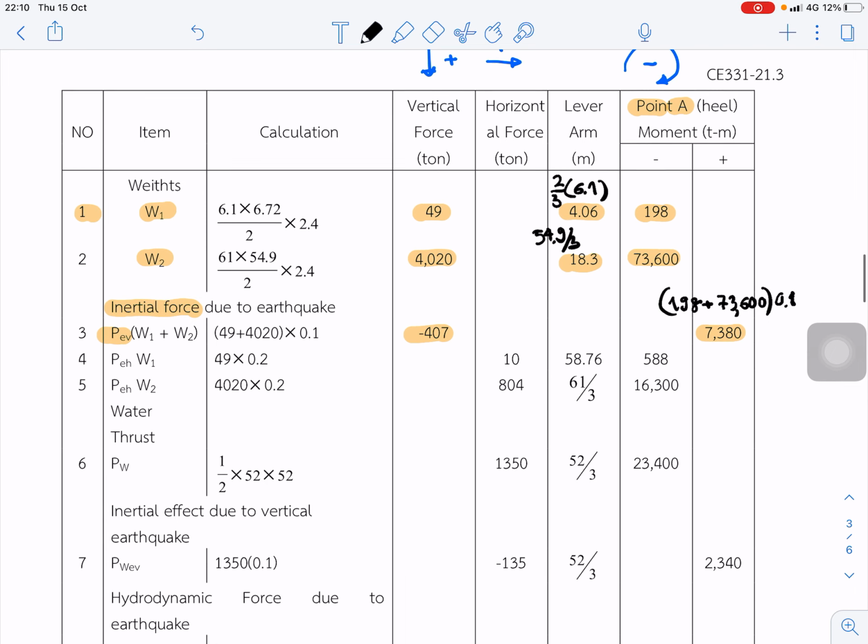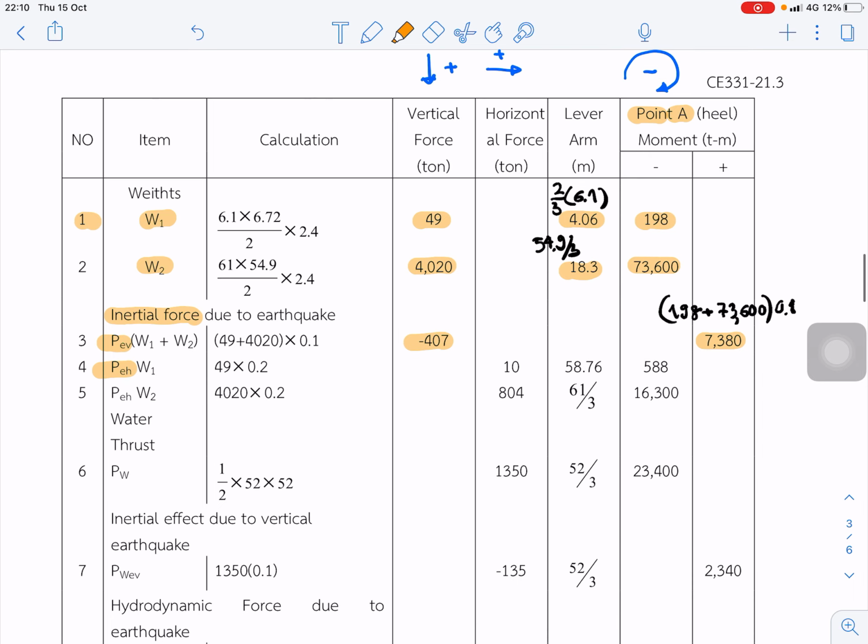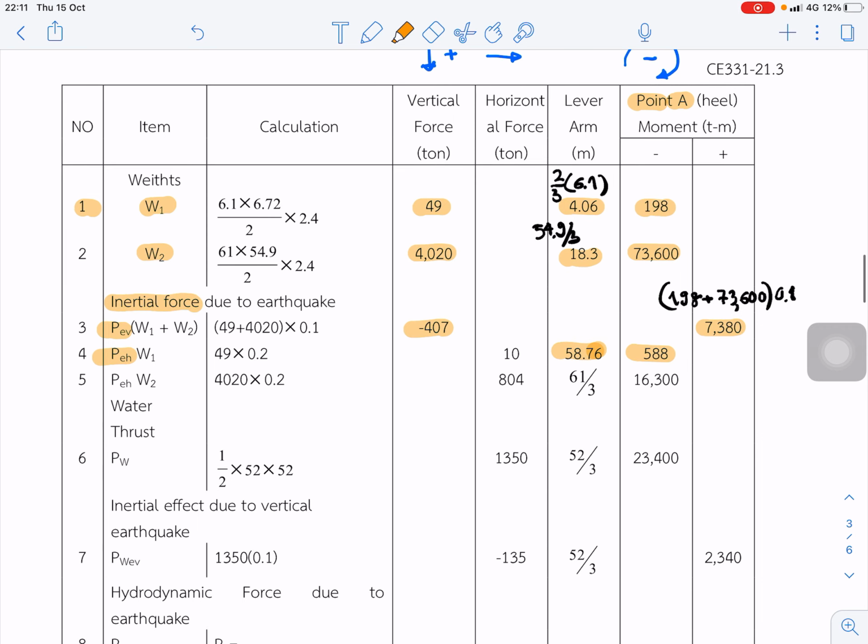It is positive because it is anti-clockwise. And next, the inertial force from the horizontal earthquake of W1, this length we show in the PV diagram, is still a negative number. And next is the inertial force from the horizontal earthquake of W2. The length is 61 divided by 3, and it is a clockwise moment.